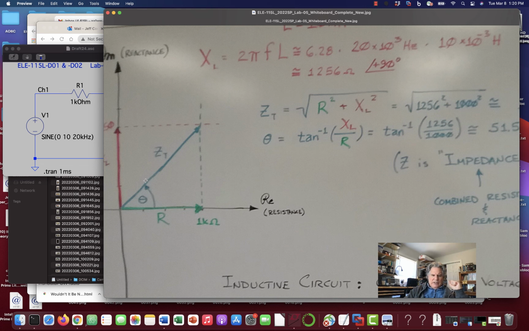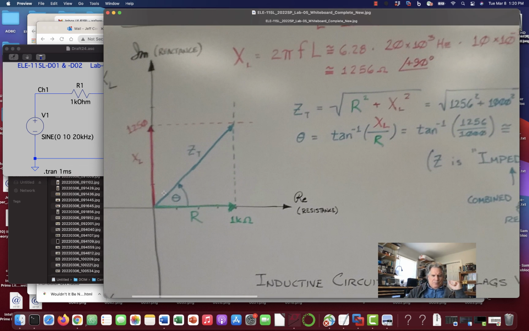But it's at 90 degrees, so we plot that up here. It's kind of hard to see, but I tried to make 4 marks this way, 1,000 ohms is 4 times 250, and up here I tried to make 5 such marks to come out to 1250. This really should be 1256, obviously, but I'm just trying to do something that I can draw.